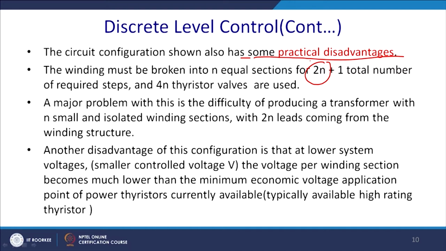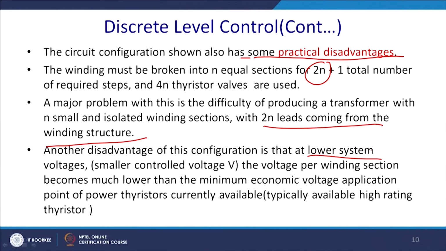The major problem is the difficulty of producing a transformer with n small and isolated winding sections with 2n leads coming from the winding structure. So, complexity is involved in the manufacturing of such a unique kind of transformer.